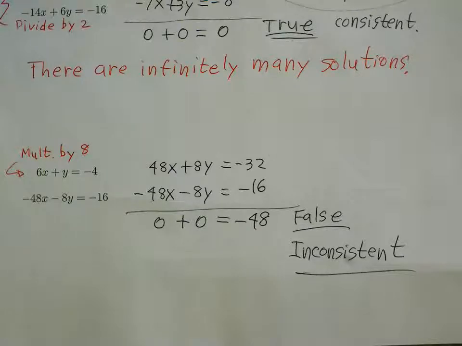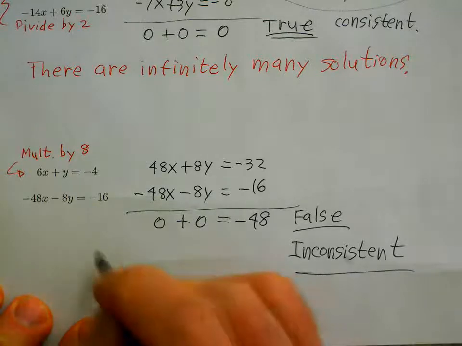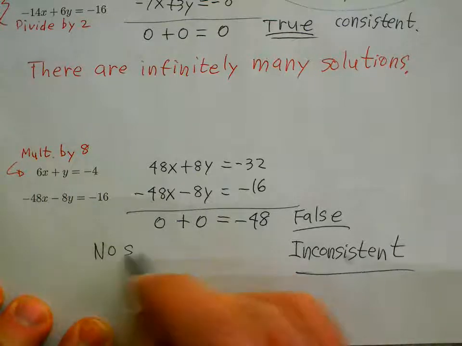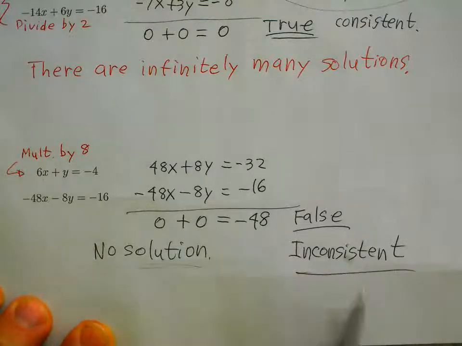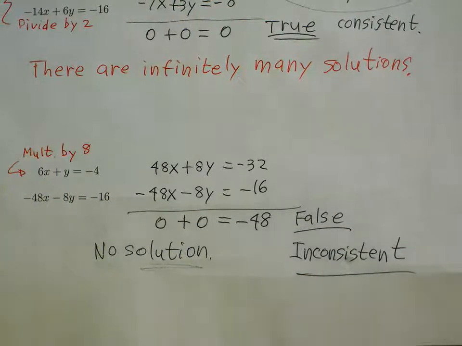The two lines have the same slope, but different y-intercepts. So graphically, they never intersect. So that means the system has no solution. That's one of the three possibilities for a system of two equations.